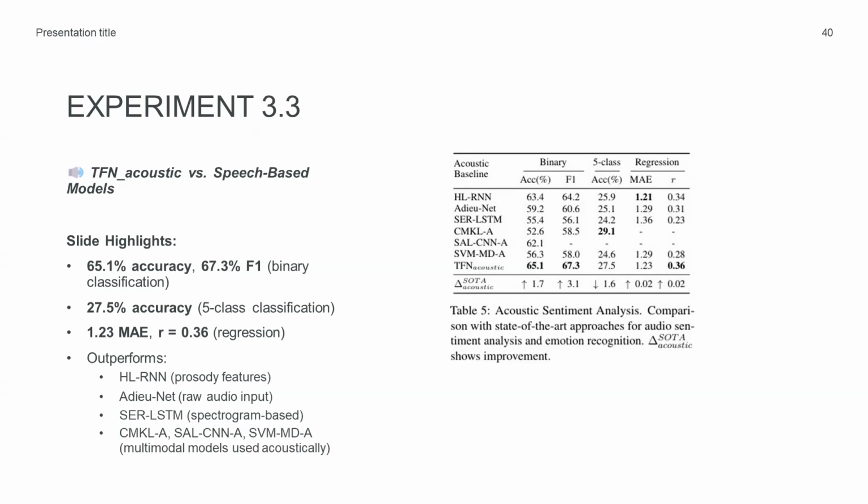It outperforms HLRNN, which models prosody features, EduNet, which processes raw audio waveforms, SER-LSTM, which uses spectrograms, and CMKL, KLA, SAL-CNN, SVM, MDA, all of which are multimodal models that use acoustic inputs.